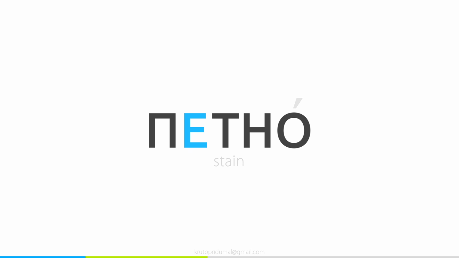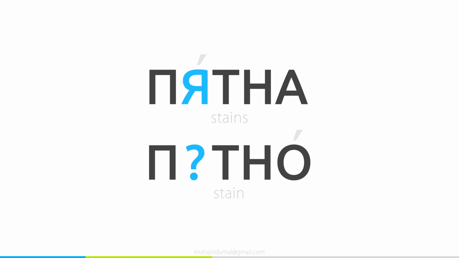Not ye, because it also can sound like i, or not even i itself. There's a simple way to check your spelling. All you've got to do is to find a word that is close to it, that has the same root, and is stressed in the syllable that you need. Like пятна. We can clearly hear that there's an ya in there. That means that there's also ya in пятно. That's the way to check it.